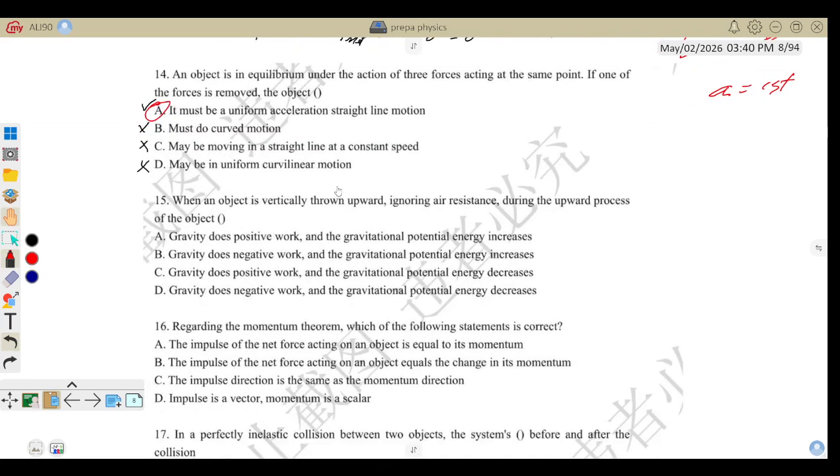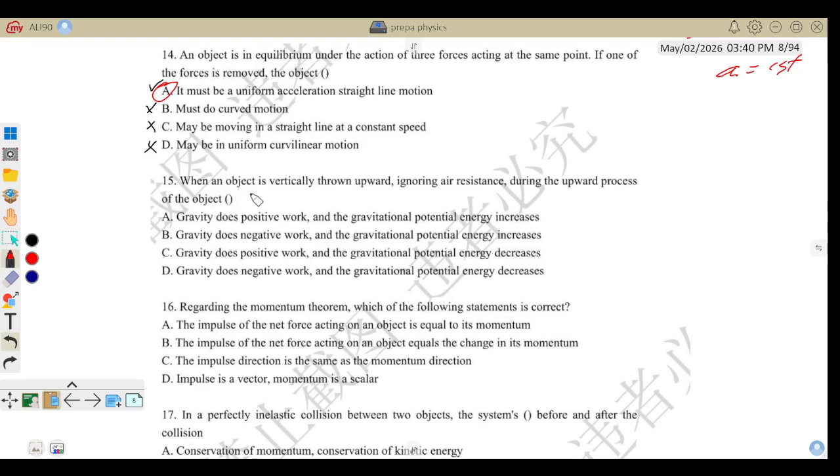Finally, for 15, we have an object that is vertically thrown up, going upward, ignoring resistance during the upward process of the object.